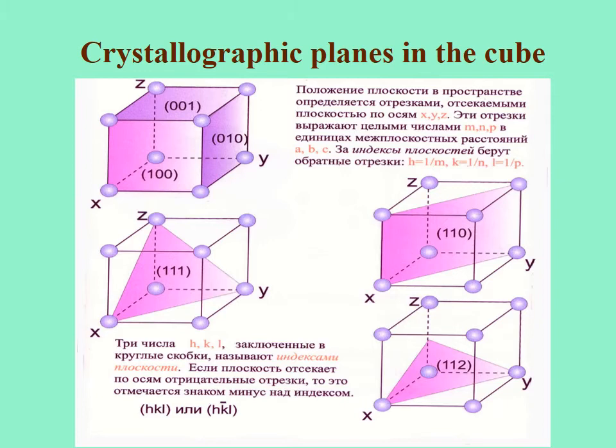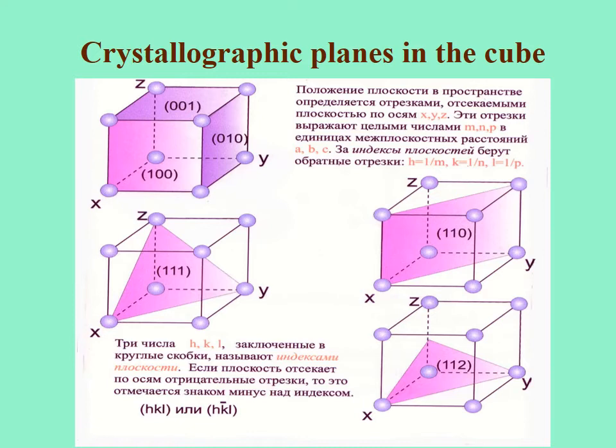This figure shows that if the plane is parallel to the axis of coordinates, that is, it intersects at infinity, the index of the plane for this axis will be 1 divided by infinity, which is equal to 0, as I said above.